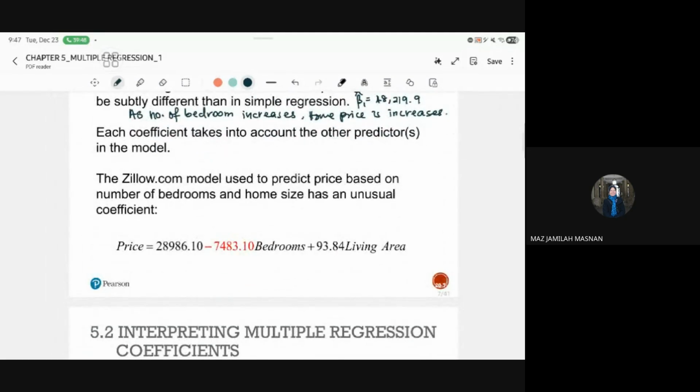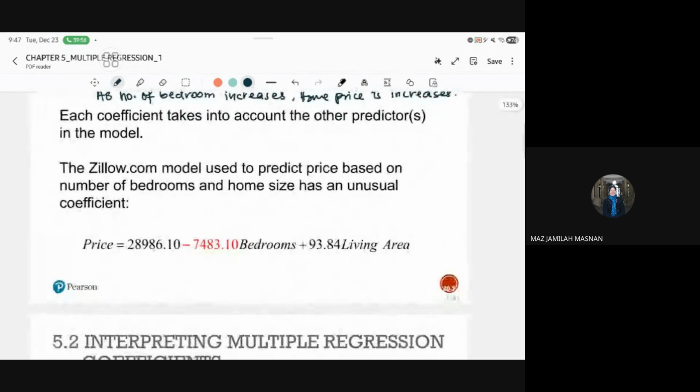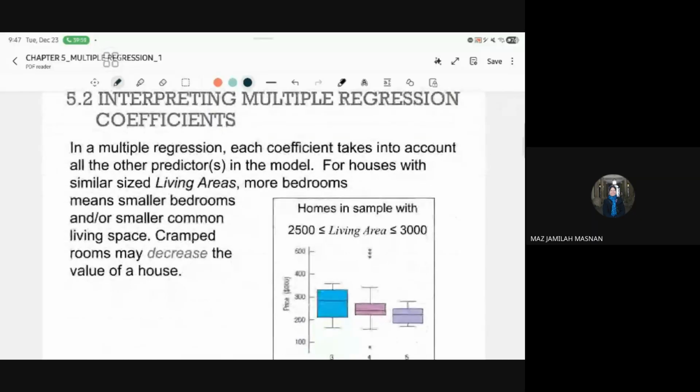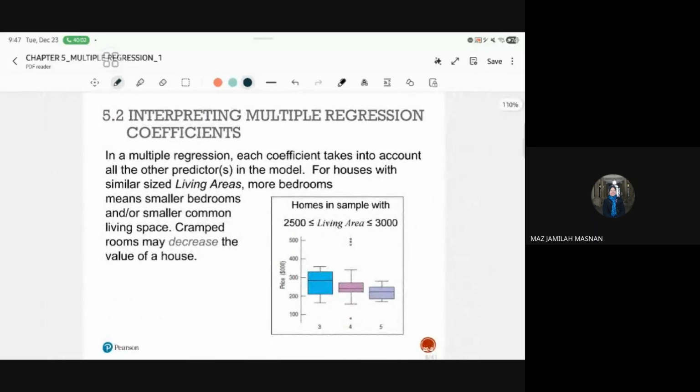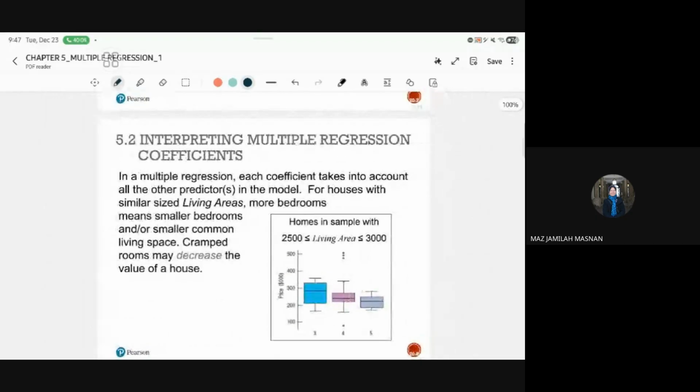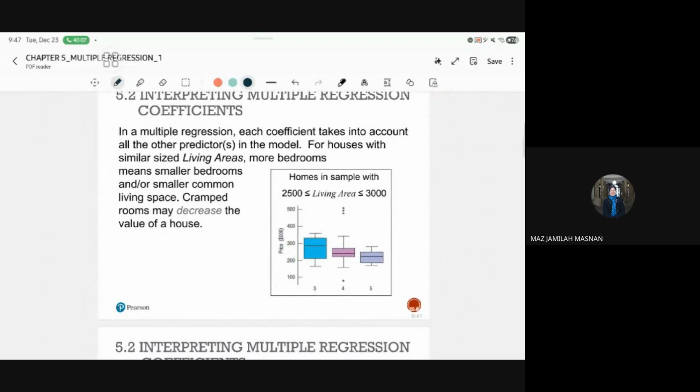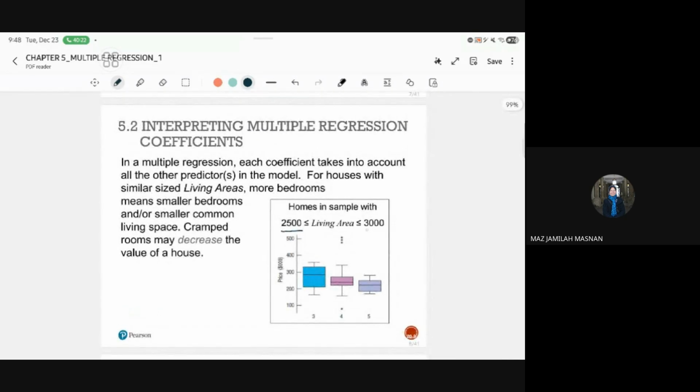Now, what if you have multiple linear regression, or multiple regression? In this case, you have bedrooms and you have the living area. So how can you interpret it? We can describe this if, let's say, we take into consideration homes in the sample with a living area from 2,500 square feet up to 3,000 square feet.